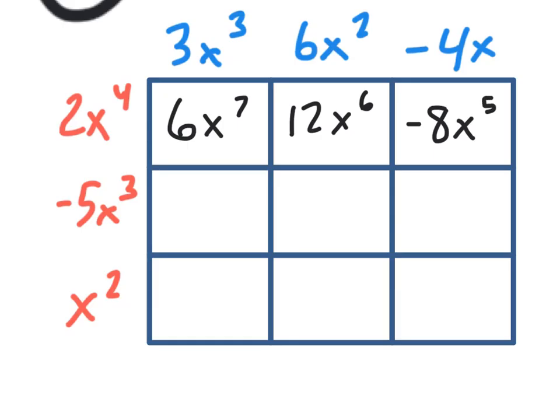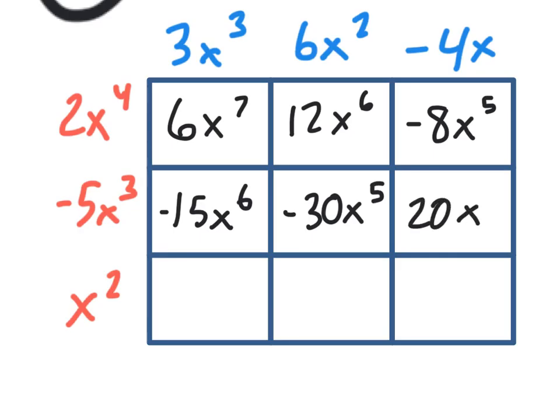Then negative 5x cubed times 3x cubed is negative 15x to the 6th. Negative 5x cubed times 6x squared is negative 30x to the 5th. And then negative 5x cubed times negative 4x is 20x to the 4th.